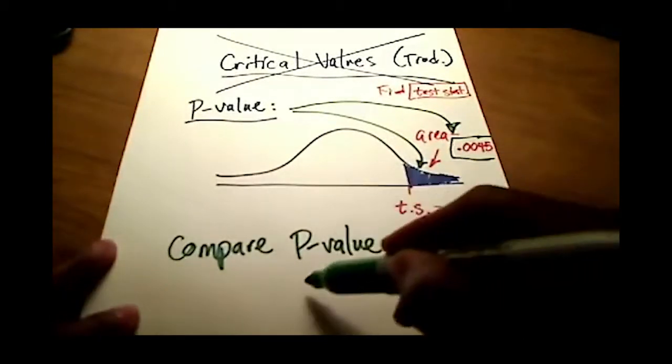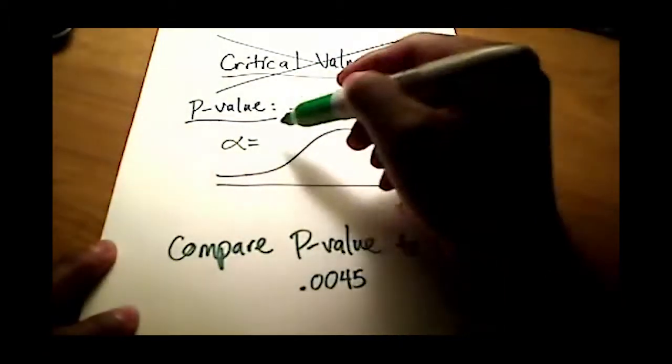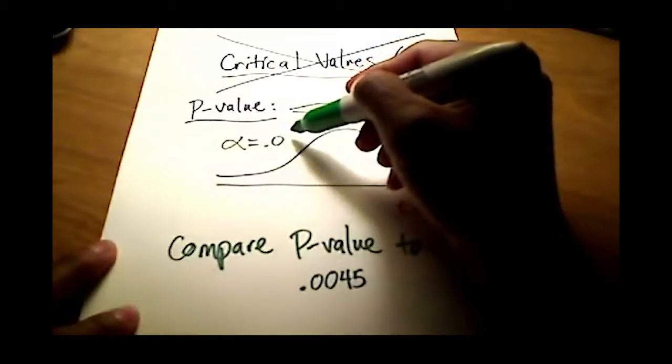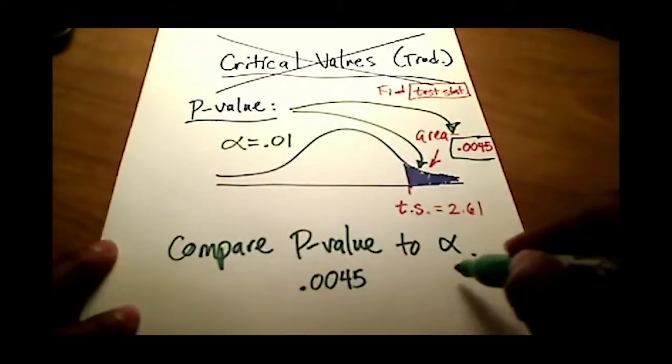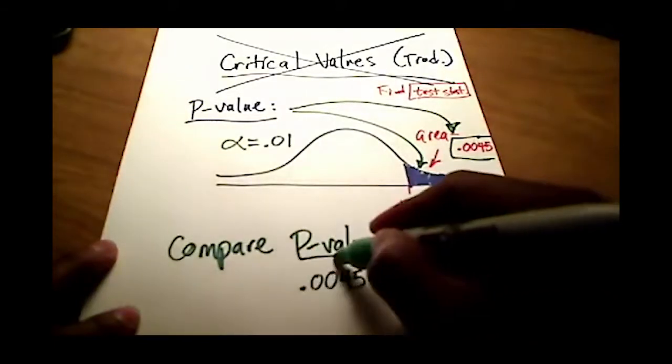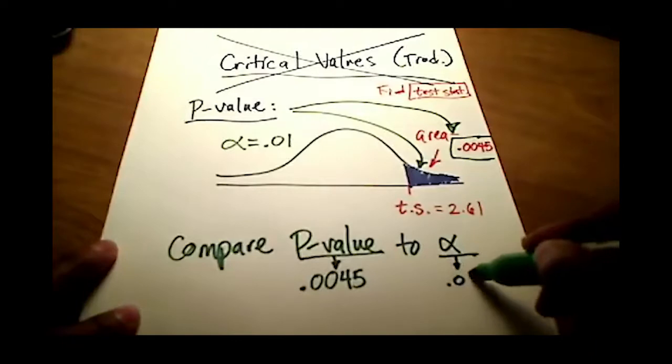So in our case, I have a p-value of 0.0045, and let's say we were looking for a level of significance alpha of 0.01. I don't know, we'll pick 0.01. So our p-value is sitting right here, and our alpha is sitting right here at 0.01.